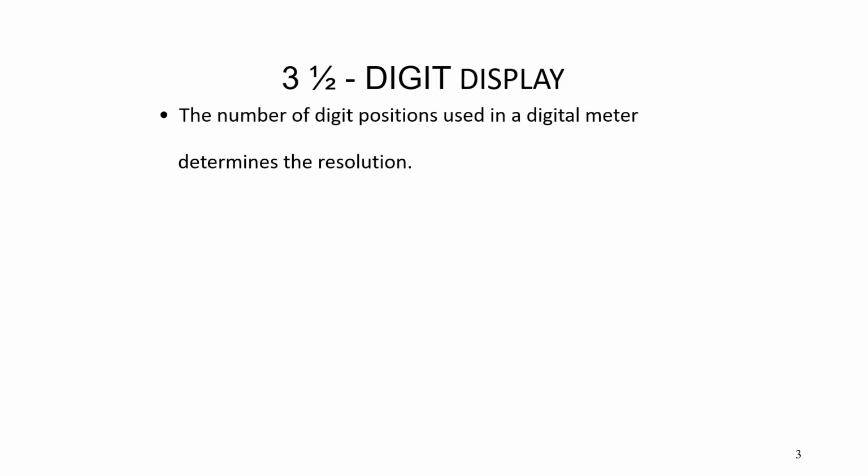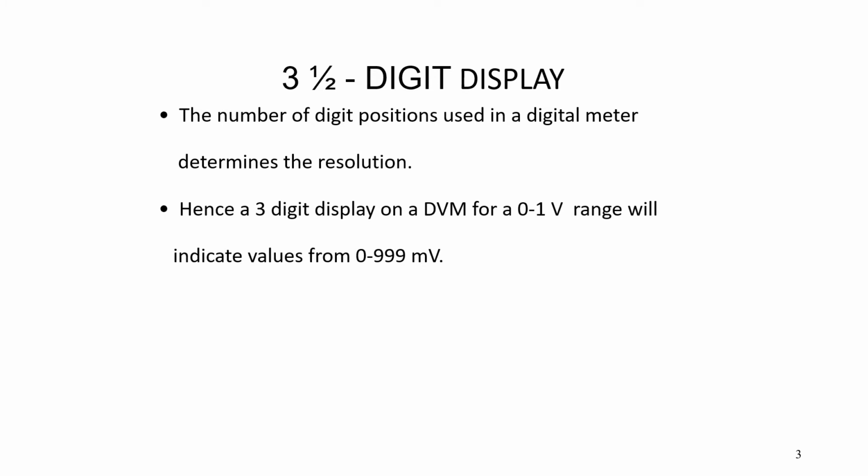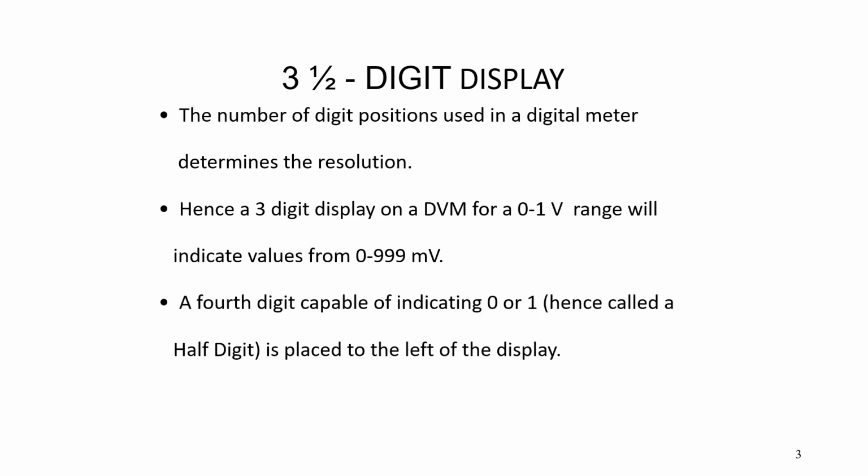The different specifications of a digital voltmeter start with the 3.5 digit display. The number of digit positions used in a digital meter determines the resolution. Hence, a 3-digit display on a DVM for a 0 to 1 volt range will indicate values from 0 to 999 millivolts. A fourth digit capable of indicating either 0 or 1, hence called a half digit, is placed on the left of the display.